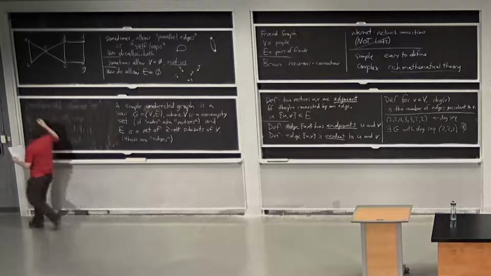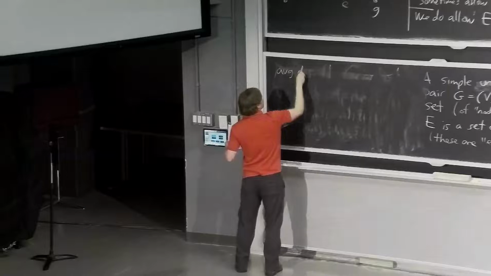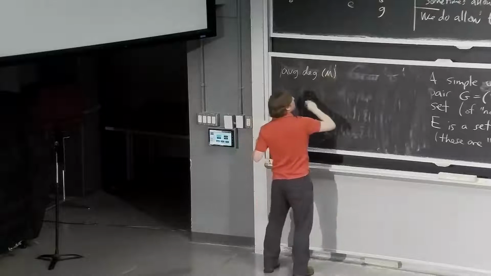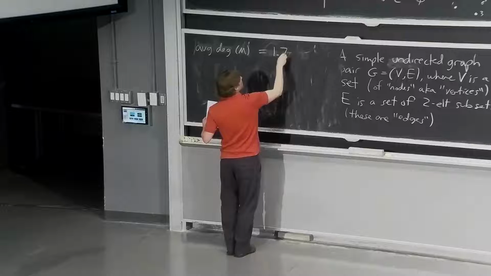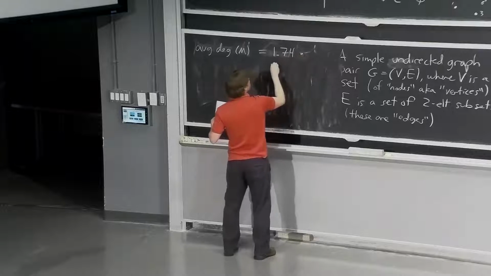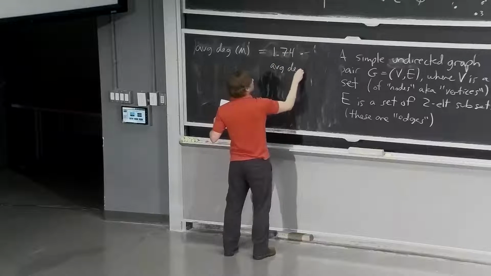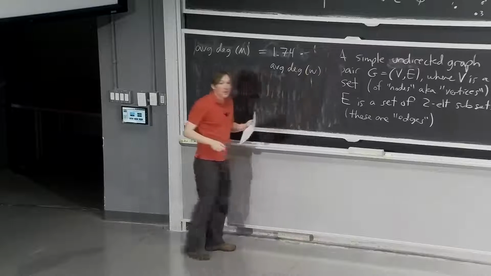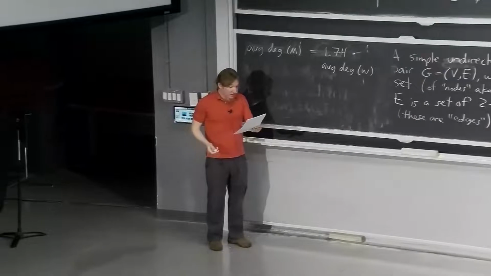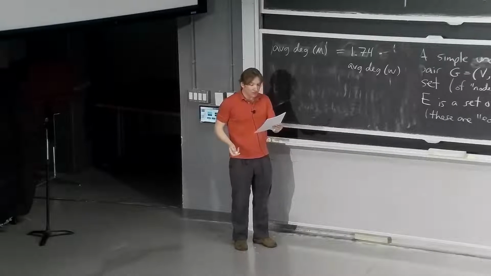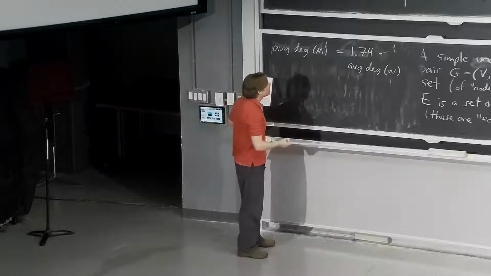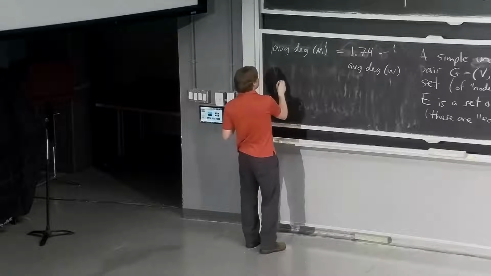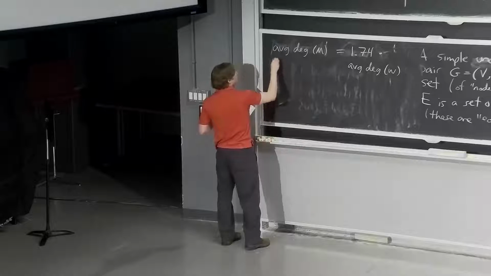So the average degree of the men was equal to about 1.74 times the average degree of the women. A different study, this time from ABC News in 2004, got a similar result, but instead of 1.74, so sorry, that was from UChicago.